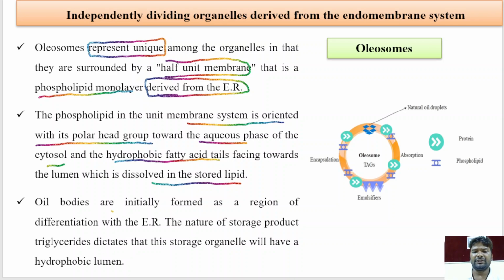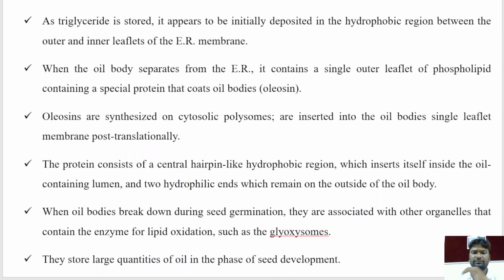Oil bodies are initially formed as a region of differentiation within the endoplasmic reticulum, meaning the endoplasmic reticulum is involved in the synthesis of these oil bodies. The storage products are triglycerides, TAG, which dictates that this storage organelle will have a hydrophobic lumen. The triglycerides appear to be initially deposited in the hydrophobic region between the outer and inner leaflets of the endoplasmic reticulum membrane.